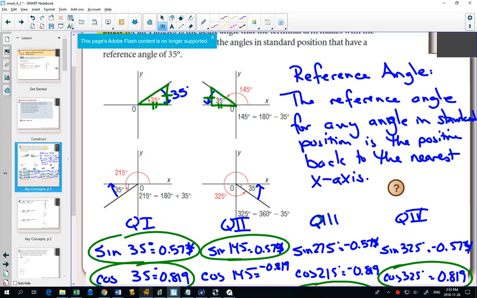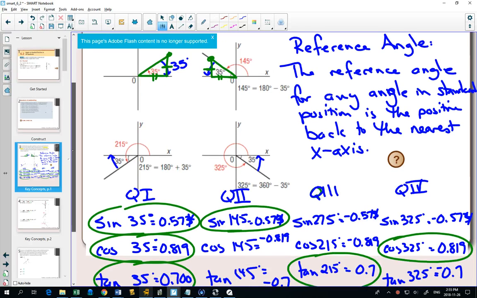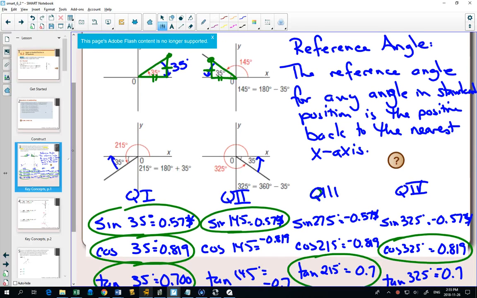However, because we're dealing with coordinates, would you agree if I picked a point here, it might be like maybe over 2 up 1? But if I picked a point here, can you tell that the x coordinate would be negative? Okay? And when I do sine, sine is the opposite over the hypotenuse. Would the y coordinate be negative? No. So we'd have a positive number over a positive number.